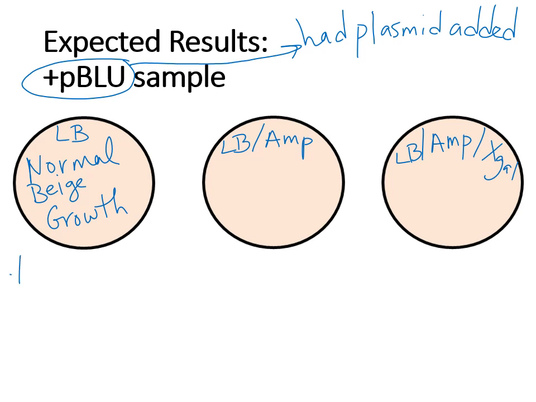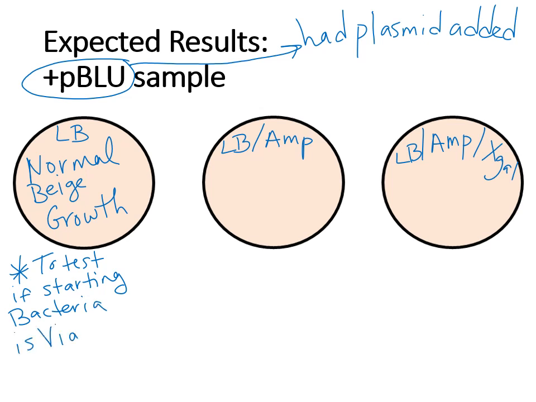What I will make note is the LB plate is to test if starting bacteria is viable, and that means healthy. Okay? Then you have the LB amp plate.